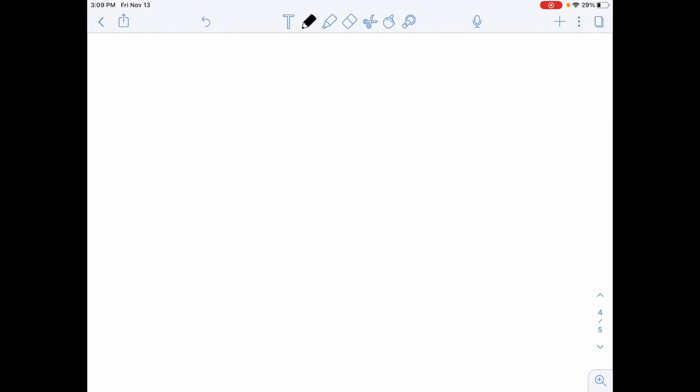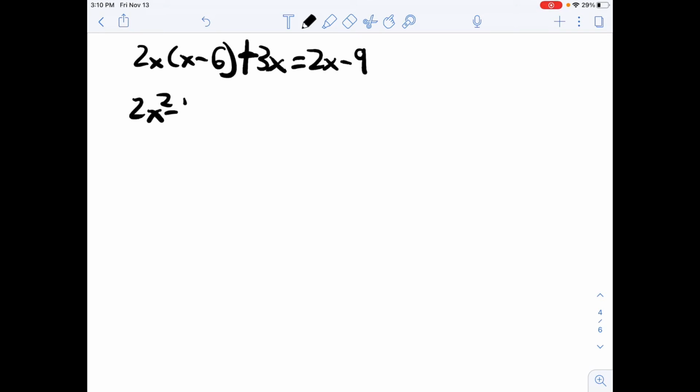Now let's look at this example. 2x times x minus 6 plus 3x equals 2x minus 9. So here we're going to expand the left side of the equation like before. So we get 2x squared minus 12x plus 3x equals 2x minus 9. And we'll collect like terms here.